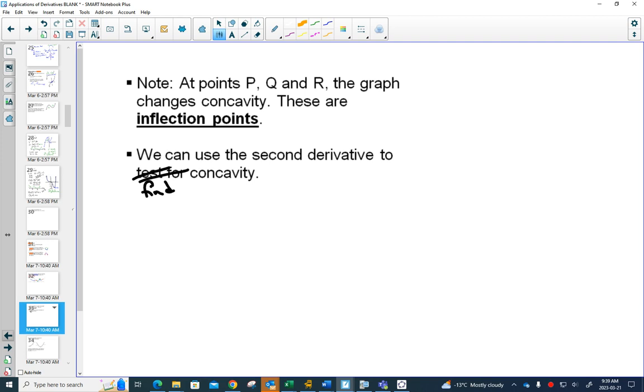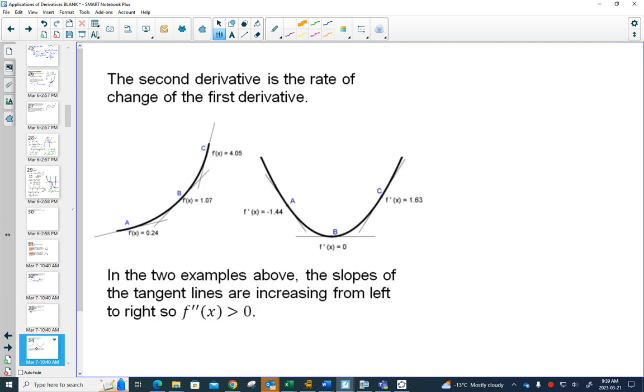Then there's a second derivative test we're going to learn that we are hardly ever going to use except for like one question on your test. And it finds maximums and minimums. So I'm trying really hard to take away the word test for concavity. Let's just find concavity with the second derivative, because the second derivative test is its own special thing that we're going to learn later.